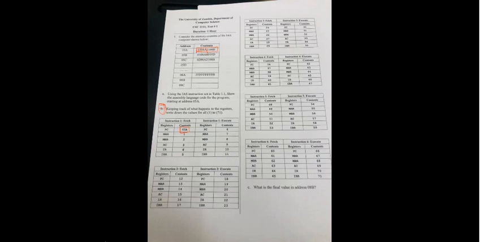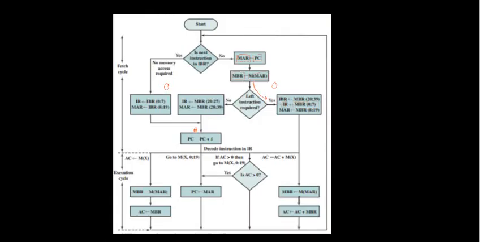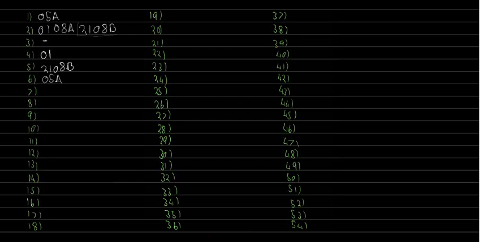Our memory address register is 08A, because 08A is the address that our instruction is pointing to, right? What next do we have over here? After that, we have the memory buffer register.